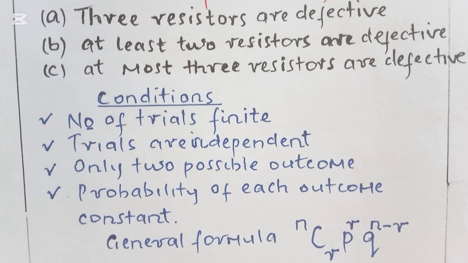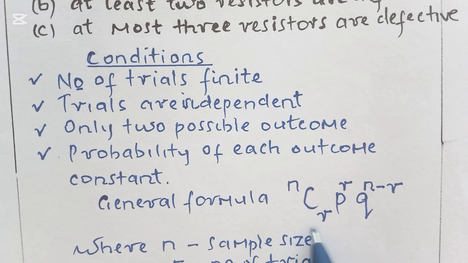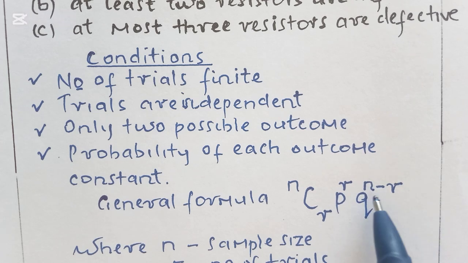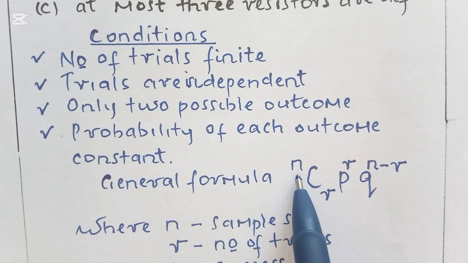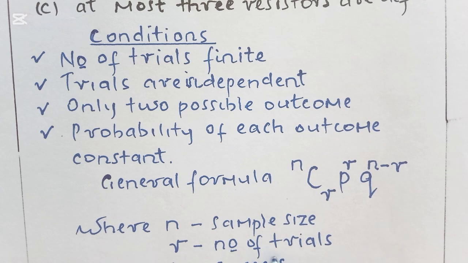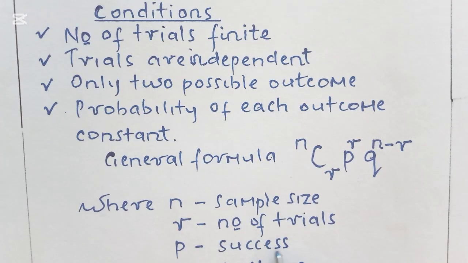Then guys, we come to the general formula. For the general formula, this is what we have, guys. And this is where I had made a mistake, where I had written q raised to r minus 1, it is actually n minus r. So this is the general formula. Here n is the sample size, r is the number of trials, p is success, q is failure.